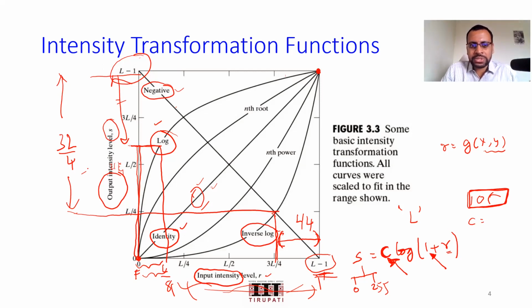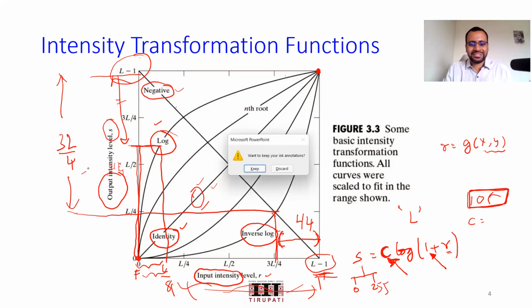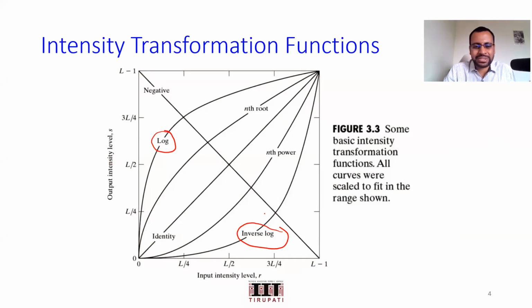Is everybody able to see this picture? I mean, you can see the interpretation from this picture. Any questions? So when do you use log transform then? What is the symptom that you could look for in an image that tells you that you should go for a log transform or an inverse log transform?